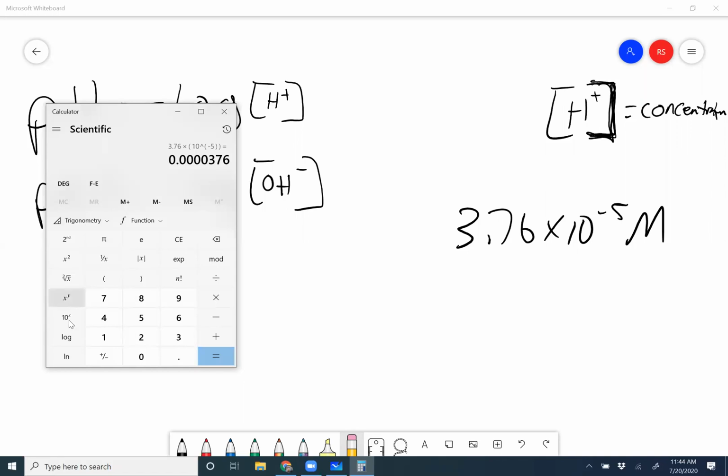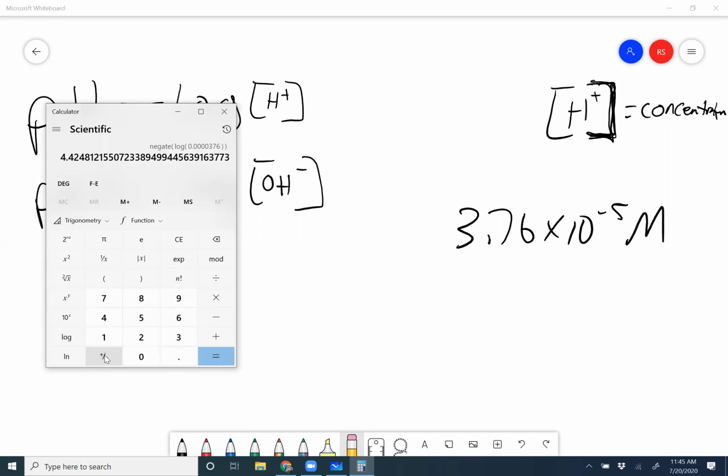And then now we're going to do the log of that, and then we hit negative. It's still backwards to do it here on the computer's calculator. If you have a TI calculator, the TI-30X IIS, or the TI-83 or TI-84 or whatever, then it's more straightforward.